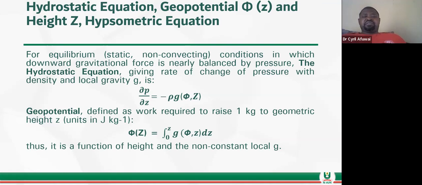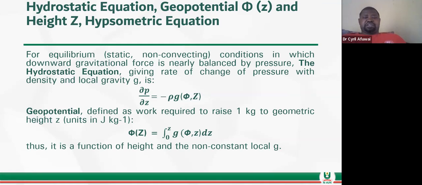For equilibrium static non-convecting conditions in which downward gravitational force is nearly balanced by pressure, the hydrostatic equation gives the rate of change of the pressure with density and local gravity G as del P over del Z equals minus rho G into phi Z.